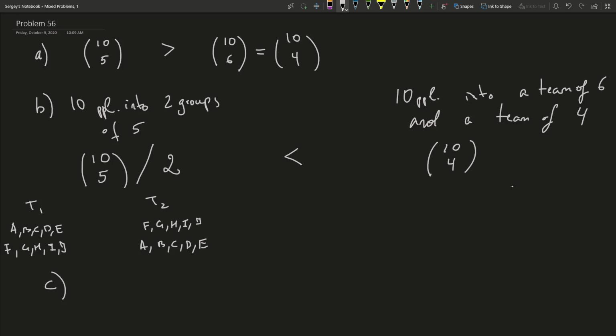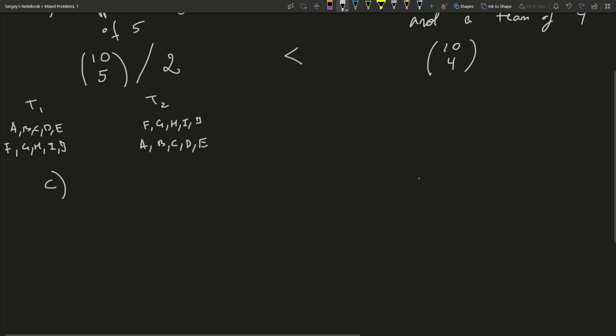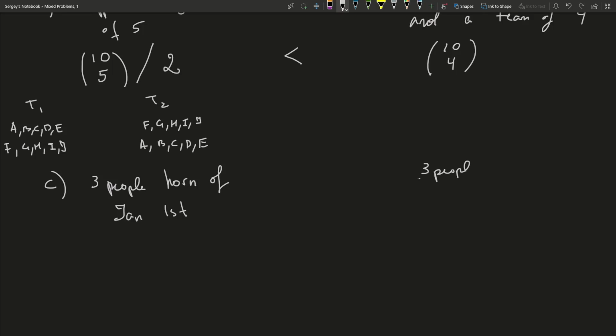Now looking at part C, we need to compare the probability that 3 people in a group are born on January 1st, and we need to compare this to the scenario where 3 people are born on January 1st, 2nd, and 3rd respectively.